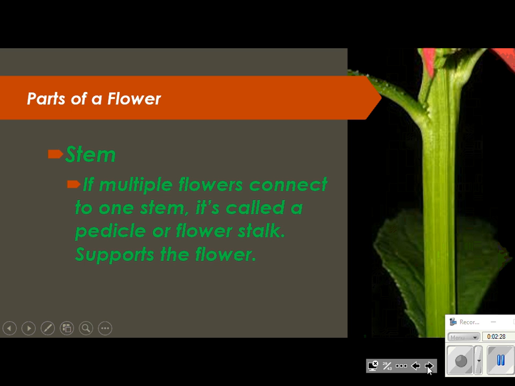What the stem does is it supports the flower. The stem will support the flower. I think we can tell what the stem is here. This whole thing is the stem of this particular flower.